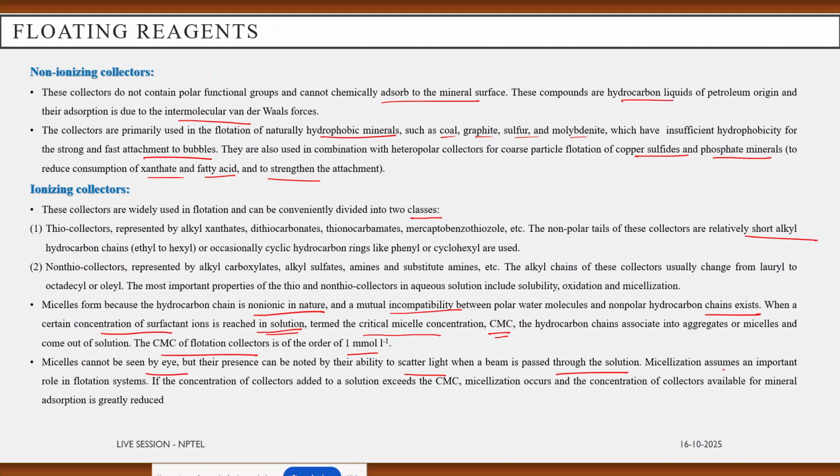So micellization assumes an important role in the flotation process. If the concentration of the collector added to the solution exceeds this CMC value, micellization occurs and the concentration of the collector available for mineral adsorption is greatly reduced.